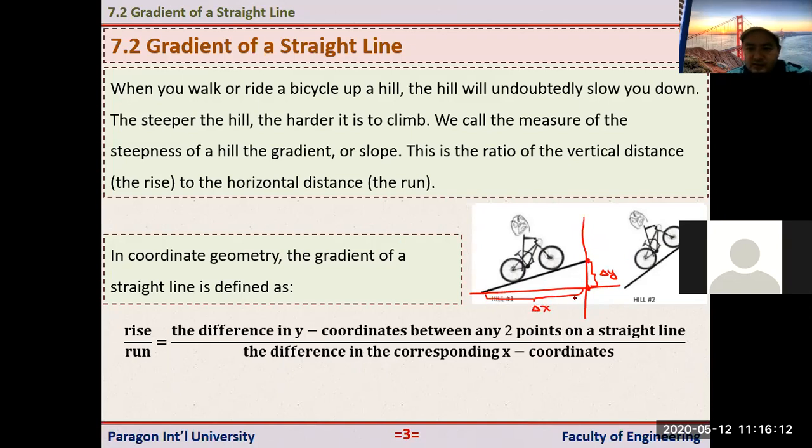The ratio is delta y over delta x. What do we mean by delta y? It is y2 minus y1, over x2 minus x1. And we call this the gradient of this road or line segment. Usually we use m.